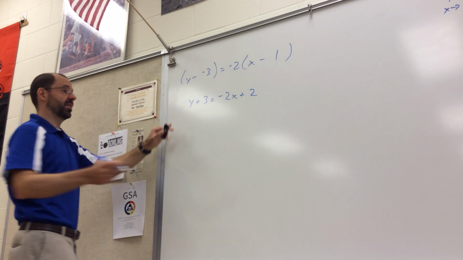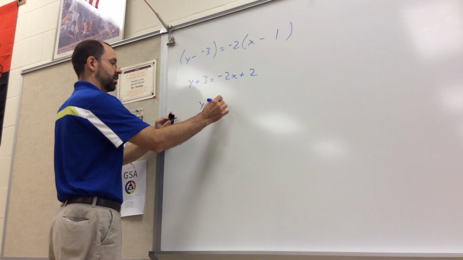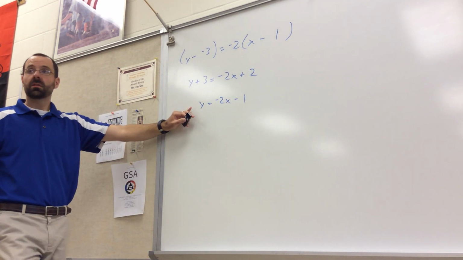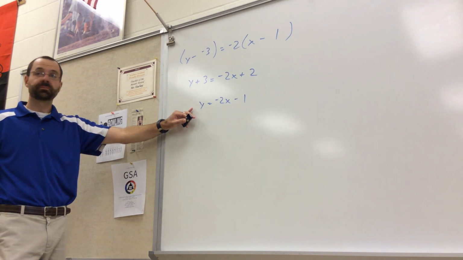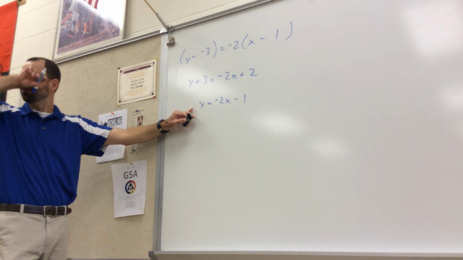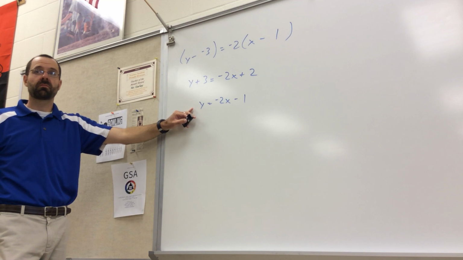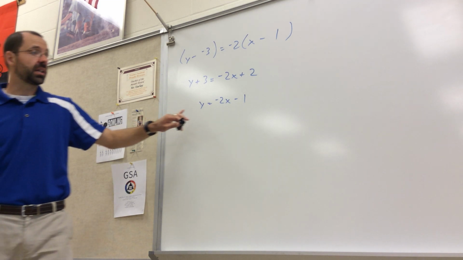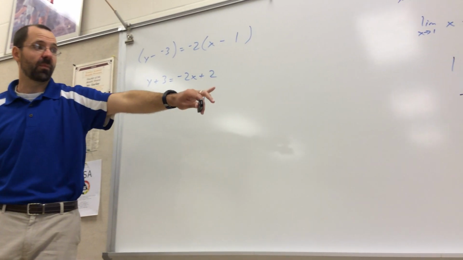And then subtract 3 to the other side. Okay, so that was finding the equation of the tangent line using y minus y1 equals m times x minus x1.